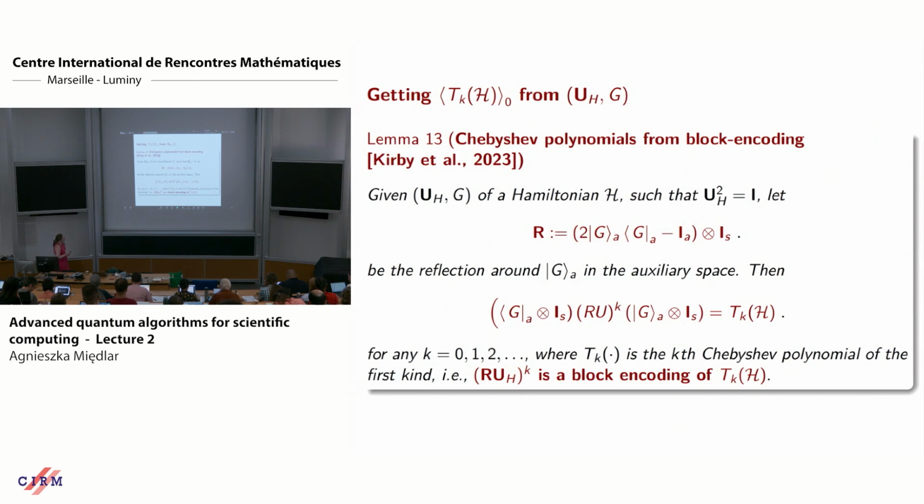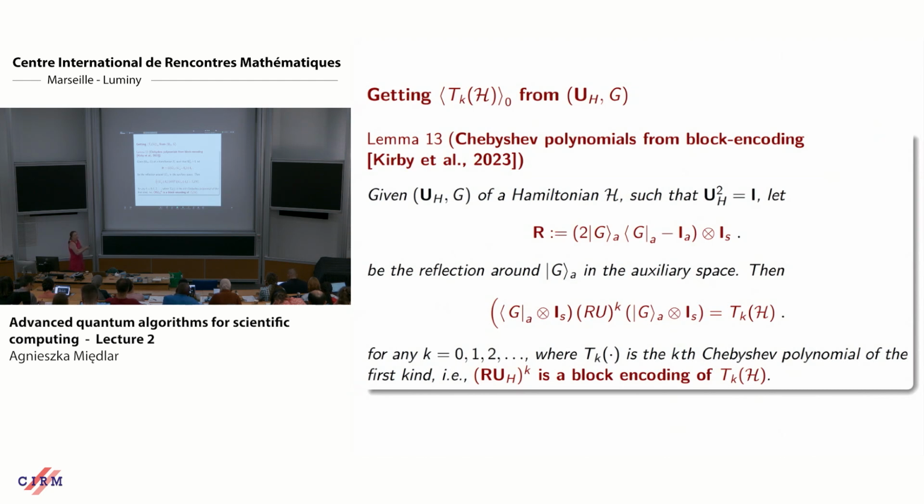So if you have the block encoding of the Hamiltonian and the state preparation procedure, and you know that your block encoding satisfies this condition, then you can define the reflection around this general G. Remember, when I was talking about qubitization, I simplified it to the standard basis.